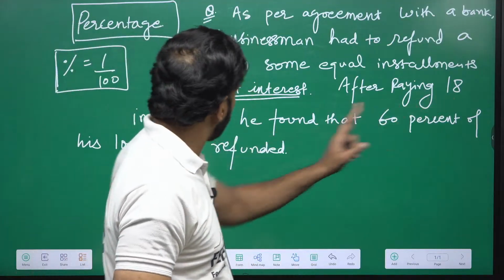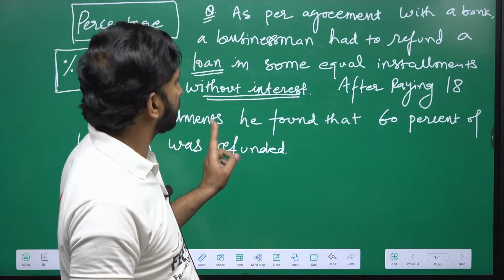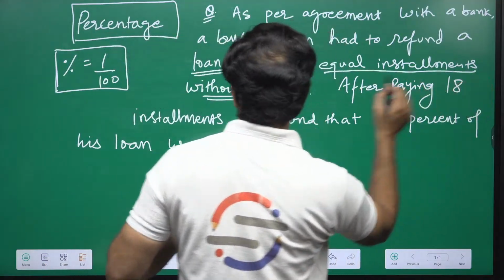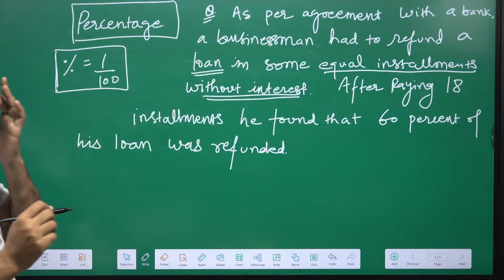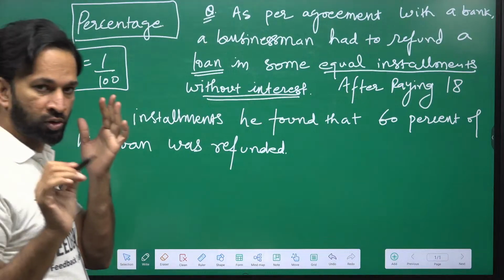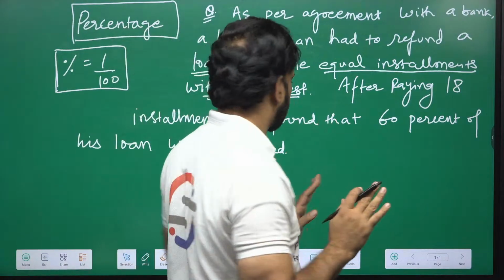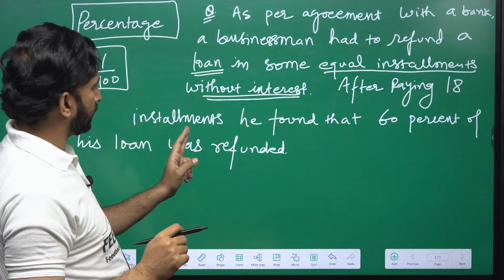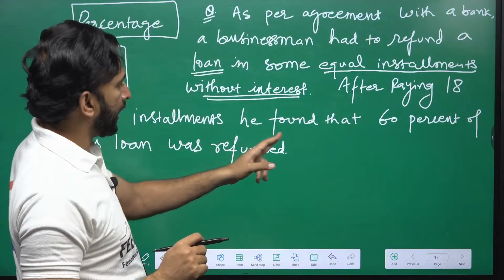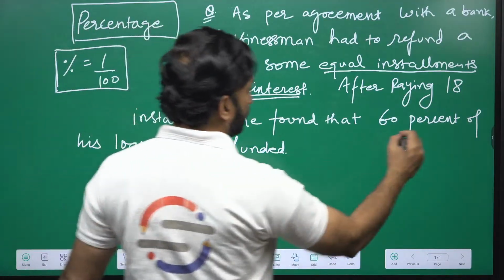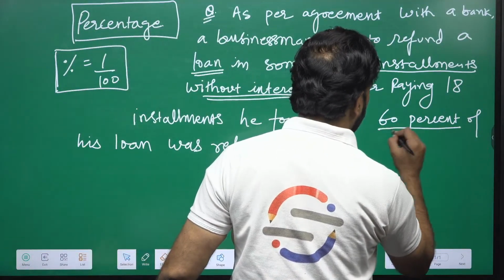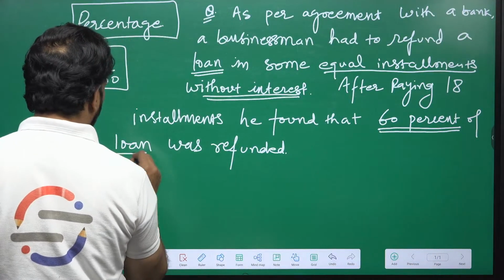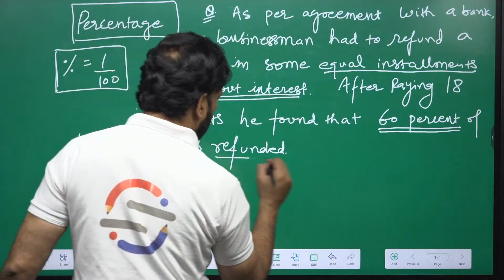After paying 18 installments, and the installments are equal installments without interest. So the size of the installment is the same. 18 installments have been paid, and he found that 60% of his loan was refunded.